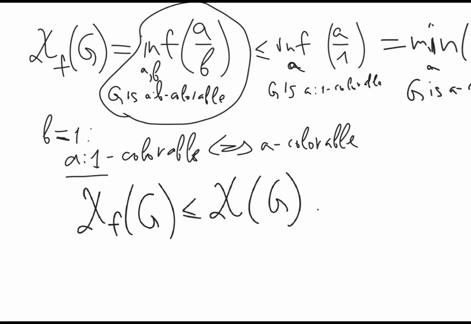Right, and again, the chromatic number of G is the minimum number of colors, so this is a natural number, and the fractional one is not necessarily a natural number. It can be a rational number.